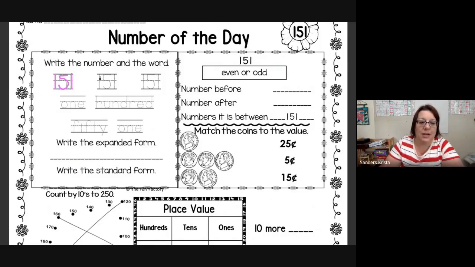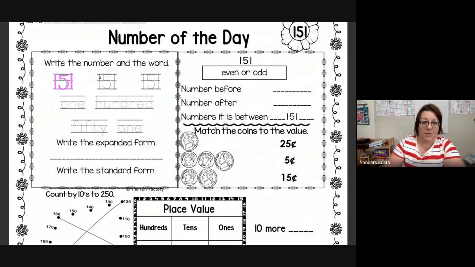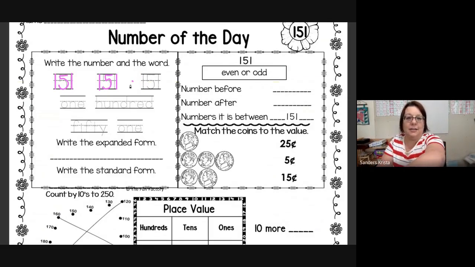One group of 100, 5 in the tens place, and 1 in the ones place.